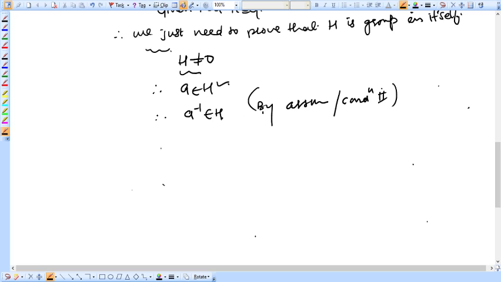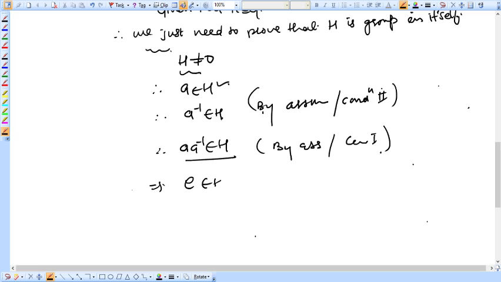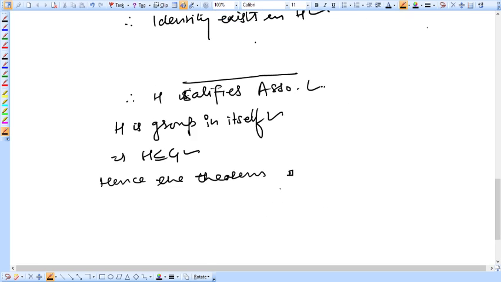So therefore A into A inverse also belongs to H by assumption or condition 1. So this implies identity belongs to H. Therefore identity exists in H, right? So now we are going to prove the associative law.